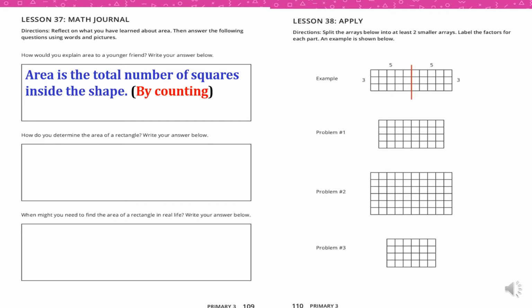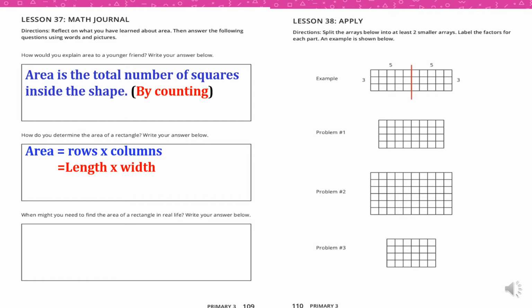But if you have number 2, how do you determine the area of a rectangle? Write your answer below. If I have a rectangle, I will multiply rows times columns, or I will multiply length times width. What are length and width?